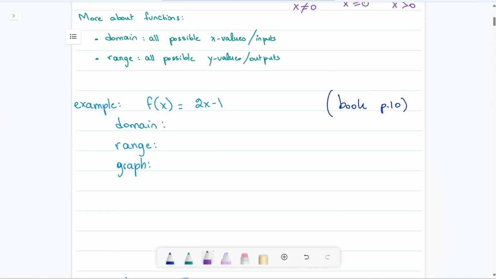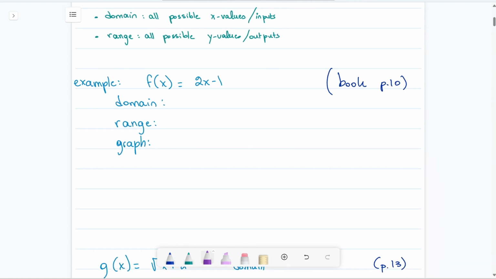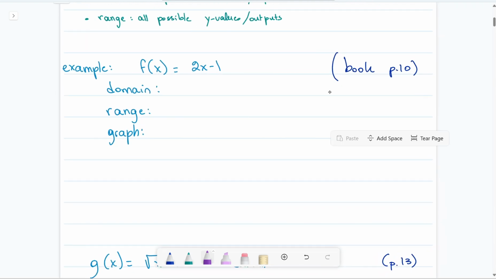So let's look at a simple function to start with. f of x equals 2x minus 1. Let's graph it quickly. The graph will look, this is just a simple sketch, something like that.